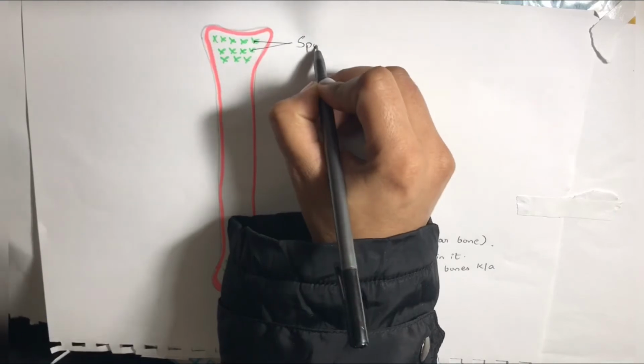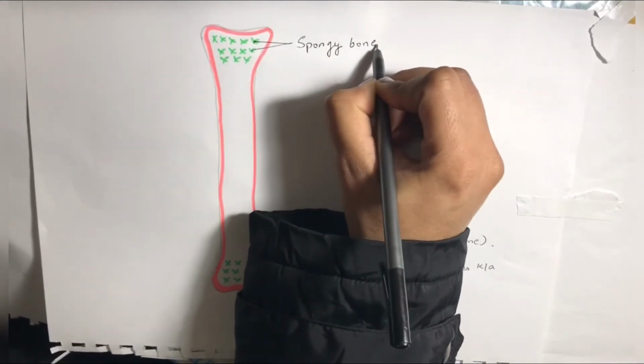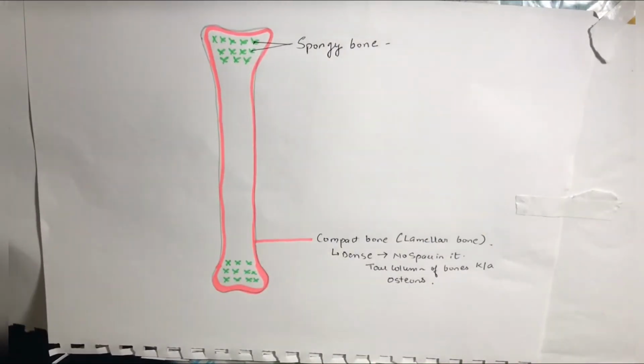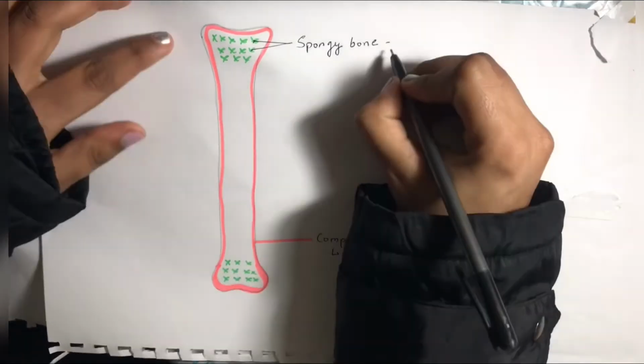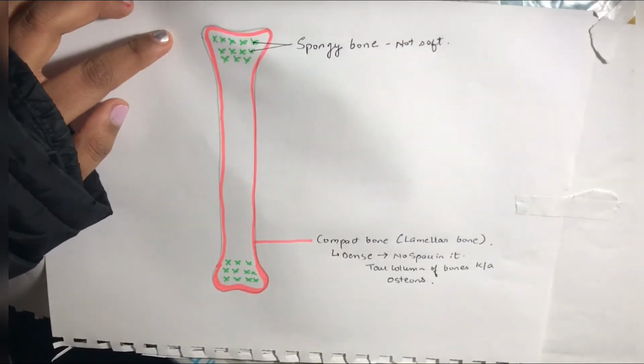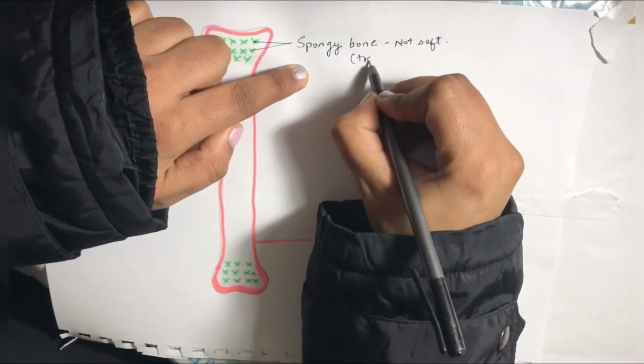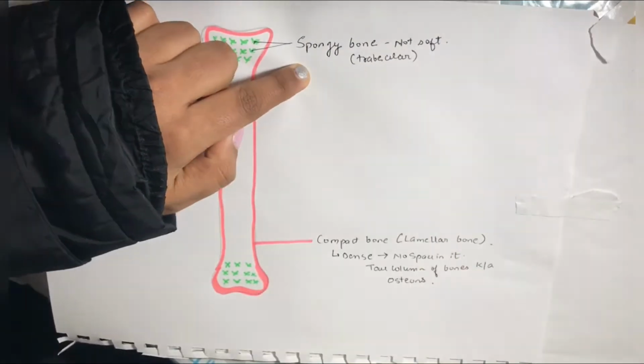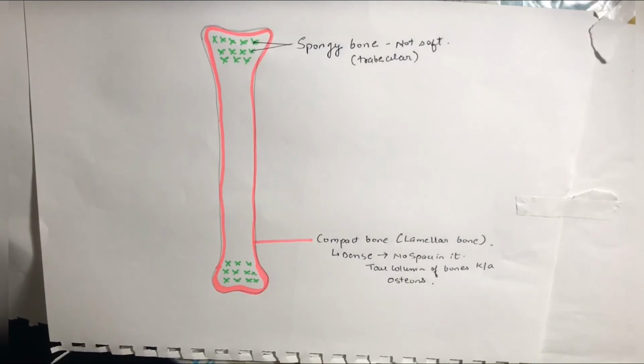Spongy bone is not soft like a sponge, please don't go by the name. It is not at all soft. We call them trabeculae, and they are light and less dense, and they give strength and keep the bone lightweight.